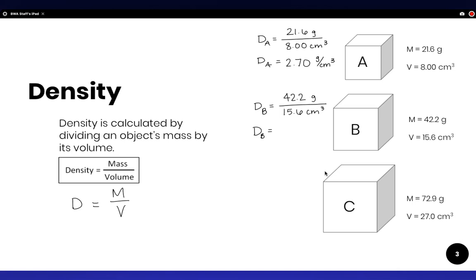Okay, so my calculator gave me 2.704 grams per centimeter cubed. Now I can only have 3 significant digits, so I need to count those. 1, 2, 3. What does 4 do to 0? Nothing. So our final answer for density of block B is 2.70 grams per centimeter cubed.